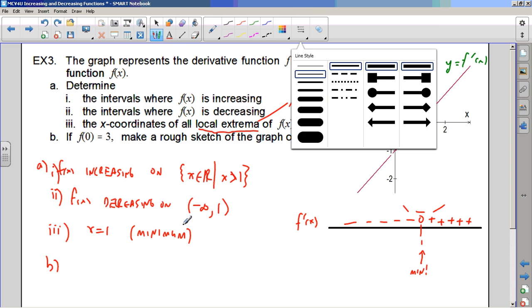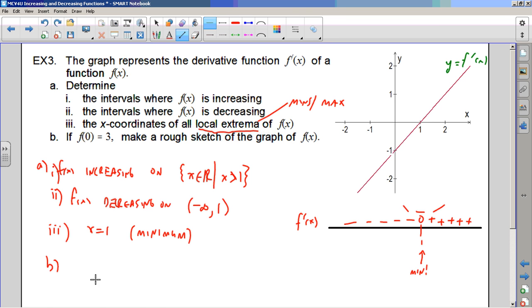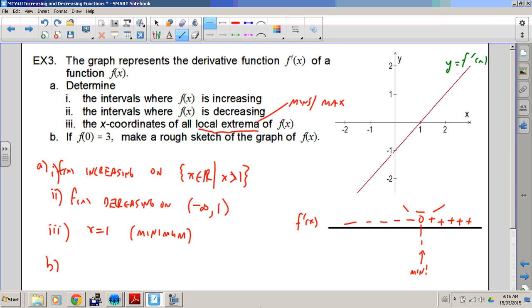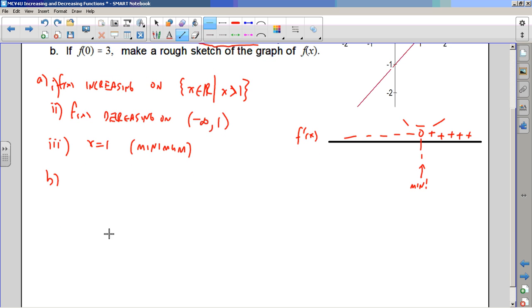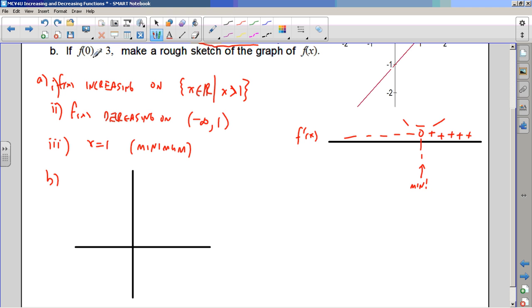There'll be some details that we don't know, but let's give it a go. Let's get a little more room here. Oh, we got enough room. So what do I got? f of 0 is 3. We know it's decreasing through there until we get to x equals 1.